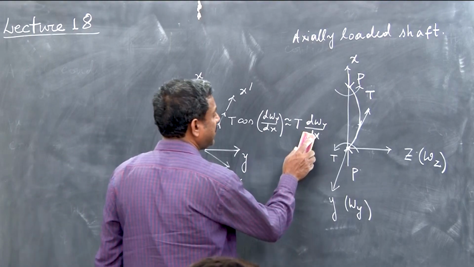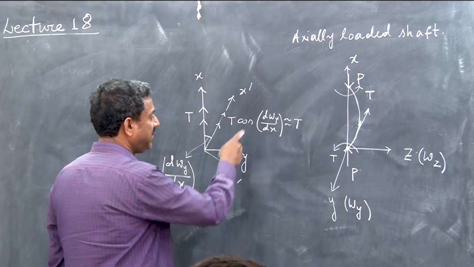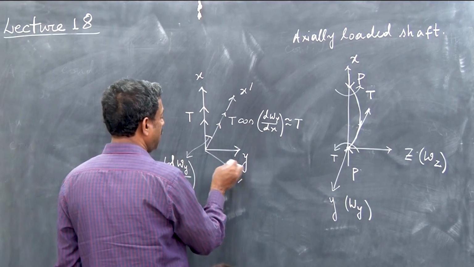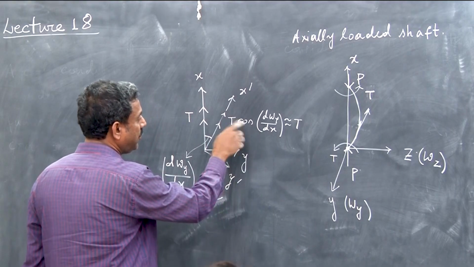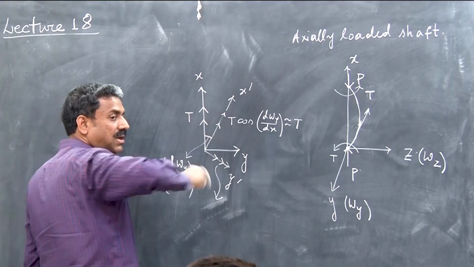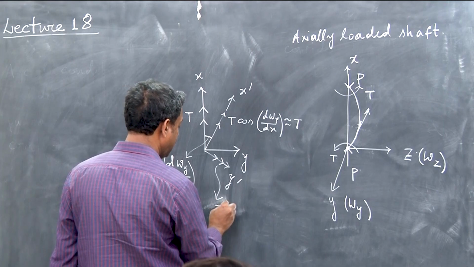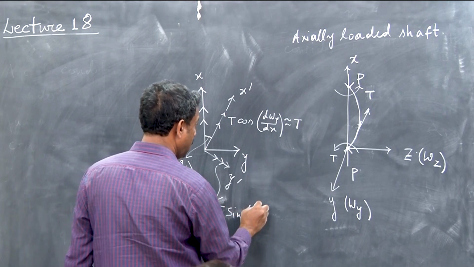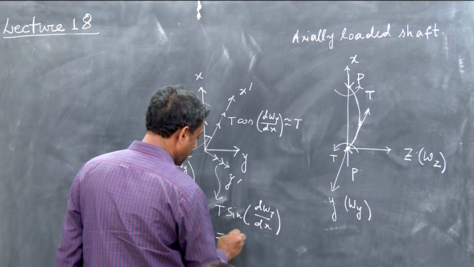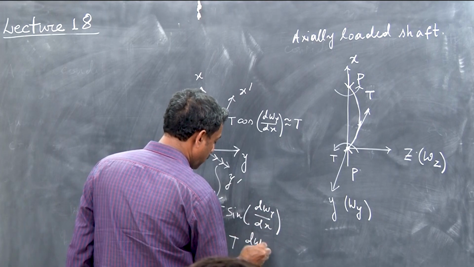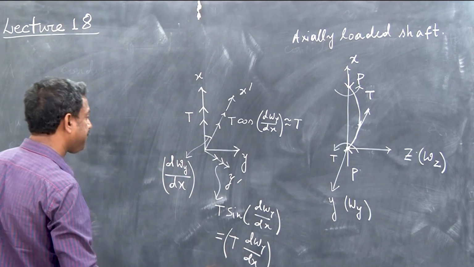Cosine of a small angle is approximately one, so this component is equal to T. And then there is another component, which is the bending component. This component will be T sine of dWy by dx, so I can write T dWy by dx. This is the bending component.